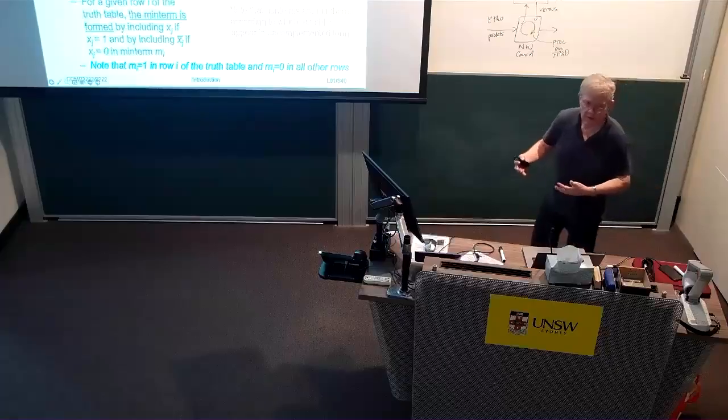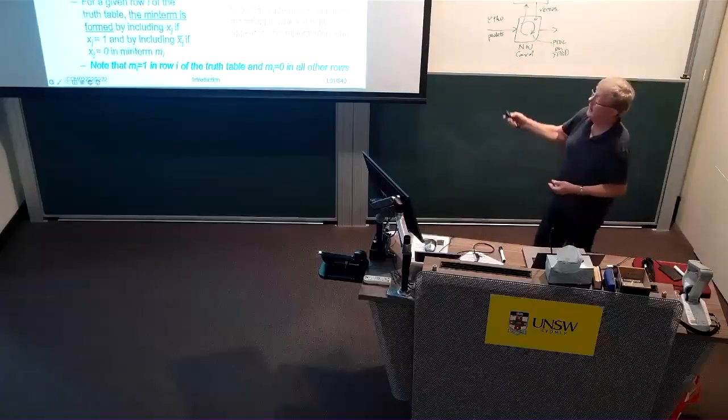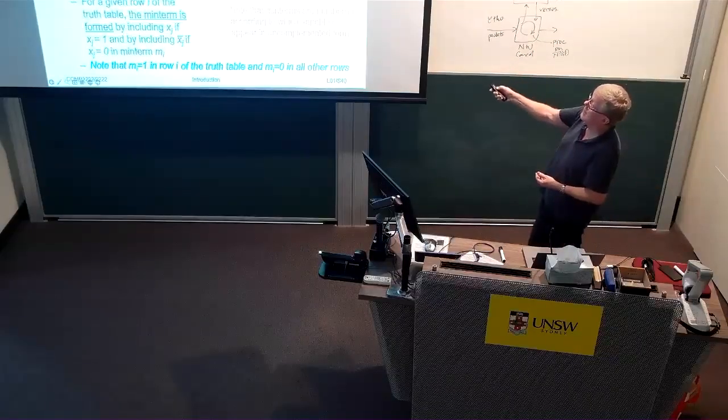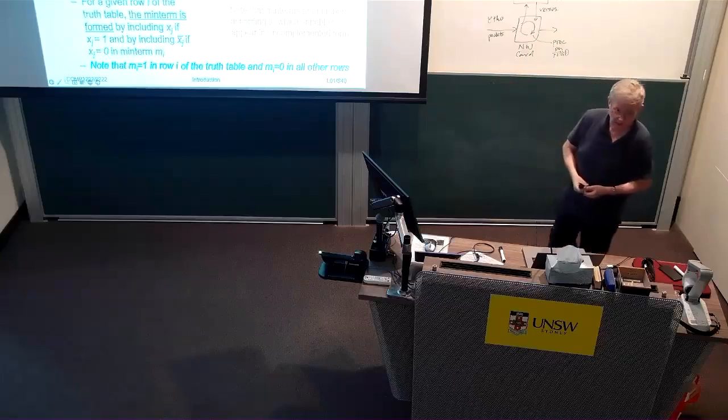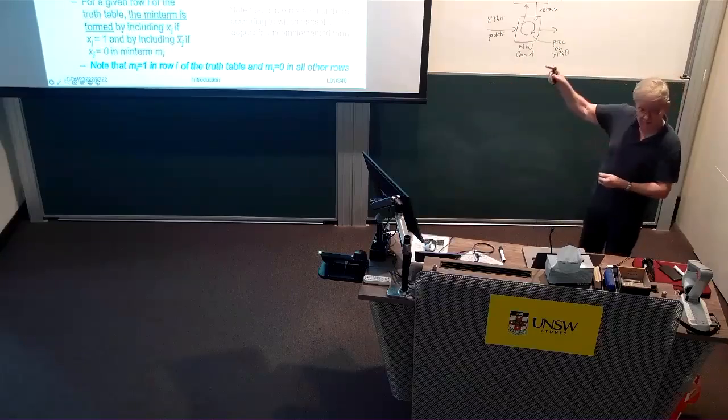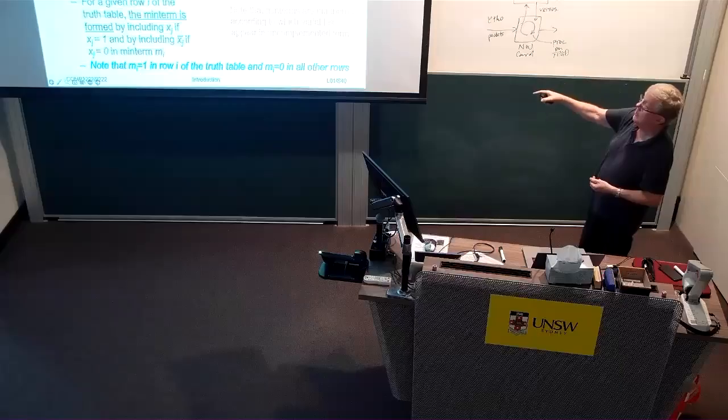Why are you not understanding what I'm saying about M0, for example, just picking on one minterm here, and its value in each one of these rows?